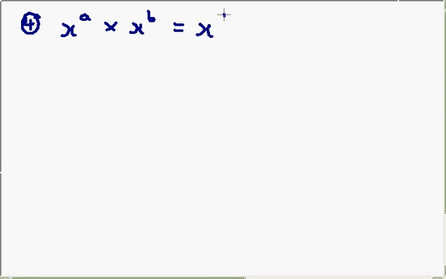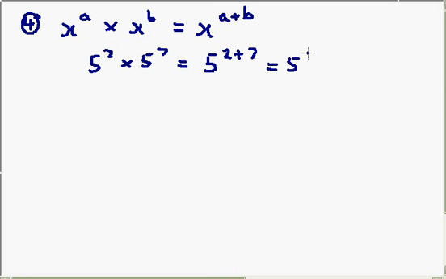Then that is x to the a plus b. The two indices get added together. So for example, if I've got 5 squared times 5 to the 7, then that is equal to 5 to the 2 plus 7, which is 5 to the 9.